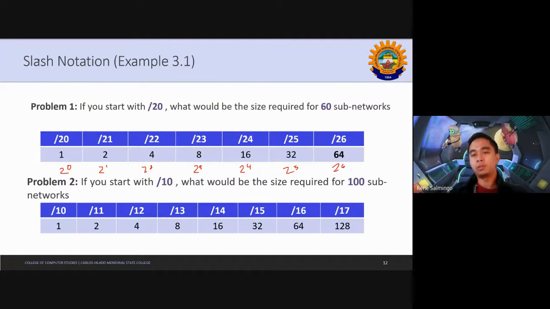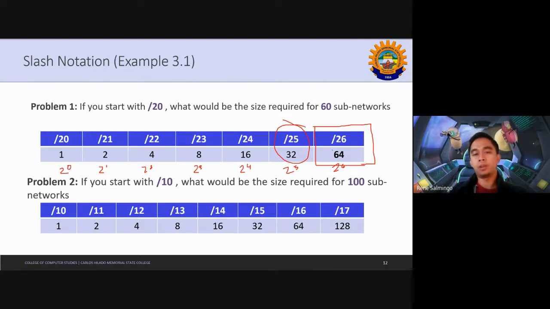So 32 is lacking another 32 subnets. So the correct answer would be on this side. So we need /26, and there are 64 subnetworks that can be allocated on this side.